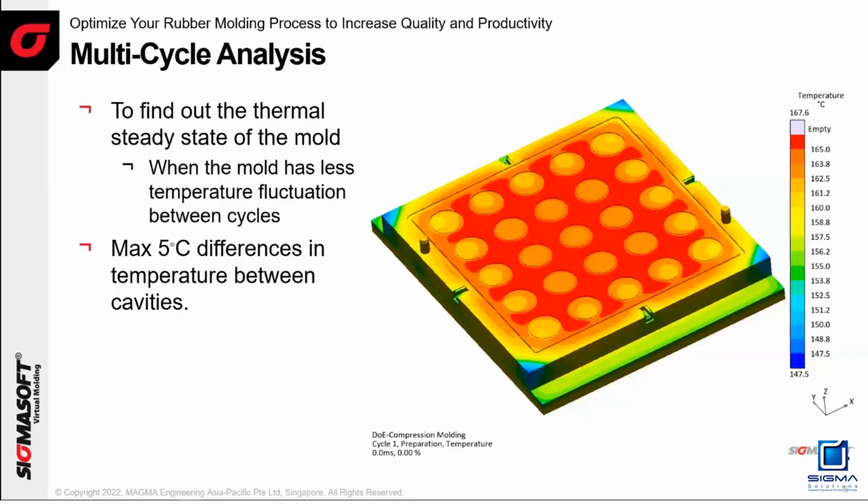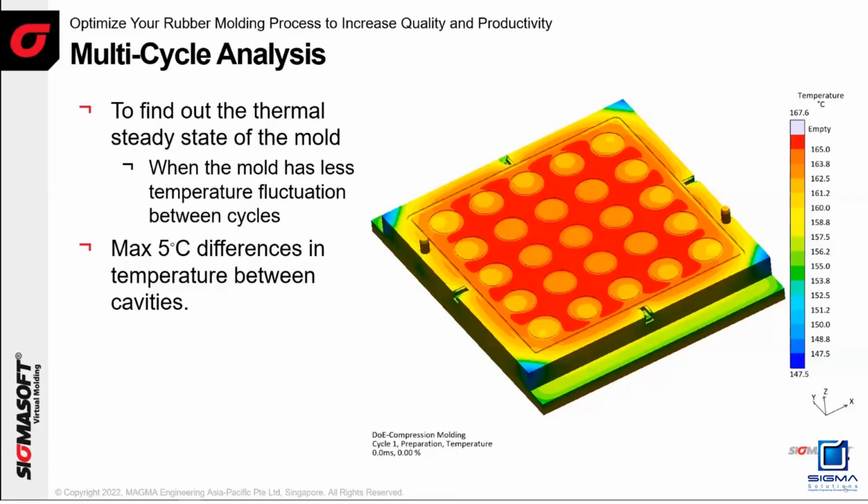Then multi-cycle analysis. After the heating up phase, there will always be some differences in temperature, because the material temperature is different and we also lose temperature to the environment. So we want to find out at which cycle the mold shows very little fluctuation in temperature.